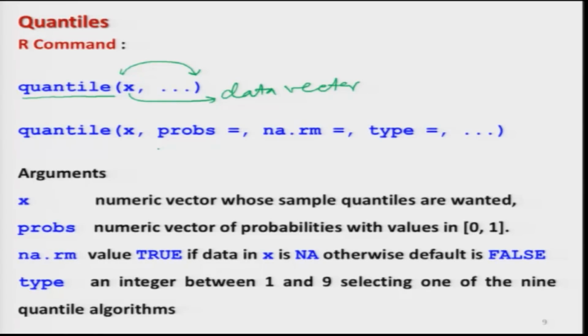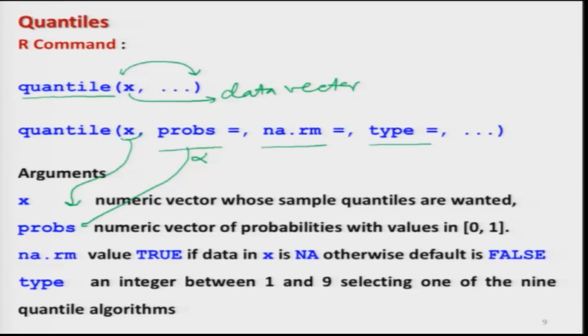Now, after this we have several options, but I am going to illustrate the use of probs and then na.rm, and I will also discuss type. This first parameter is going to give you the data vector of the data for which the quantiles are needed. PROBS is going to denote a vector of probabilities between 0 and 1. So, this is essentially the value of alpha. It depends on which of the quantiles you want to obtain.